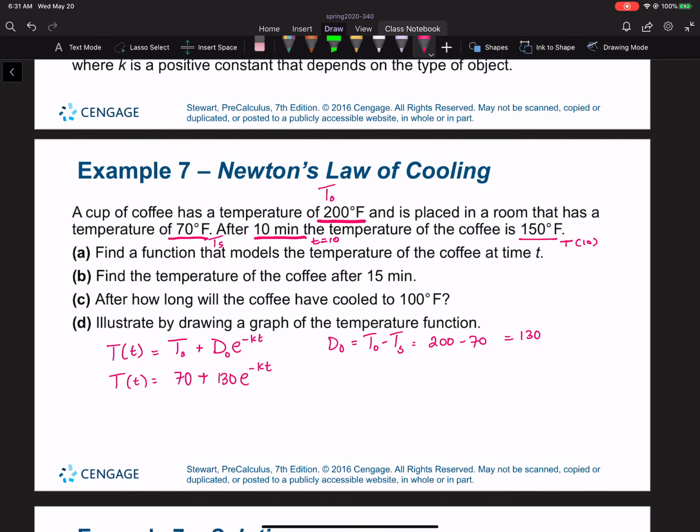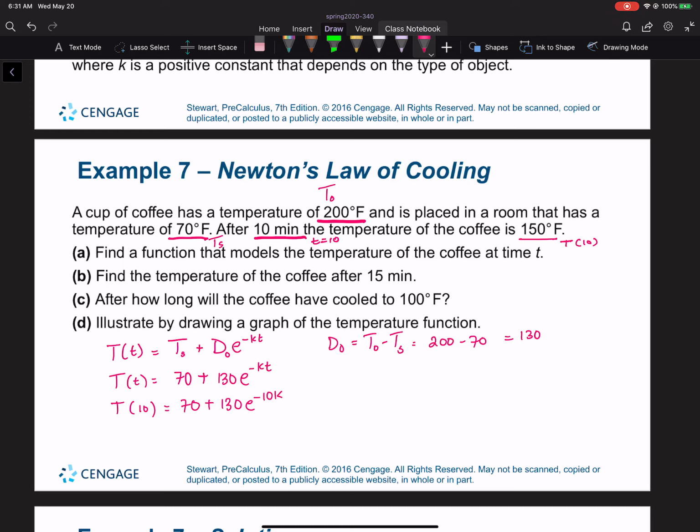So how do we find that? They give us some conditions. They tell us that when time t is equal to 10 minutes, the temperature was 150. So if I plug 10 into this definition, I get 70 plus 130 e to the negative 10k, and all of this is equal to 150.